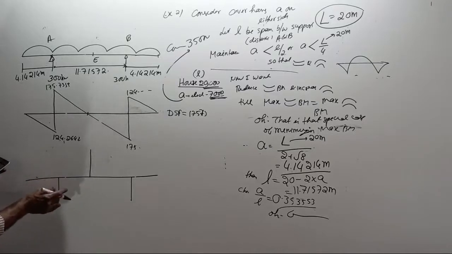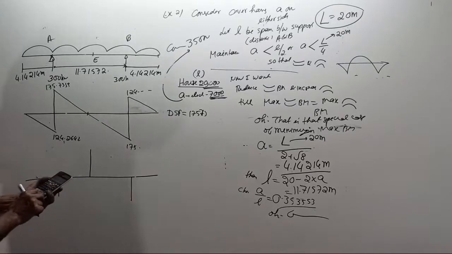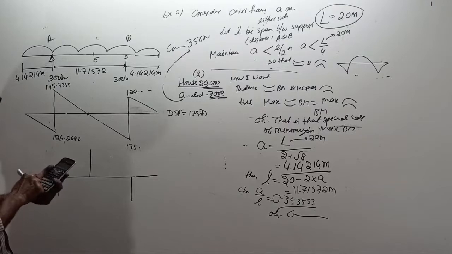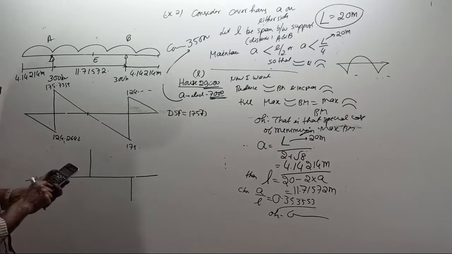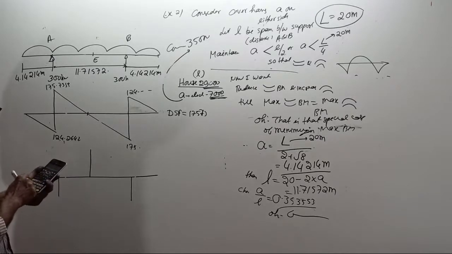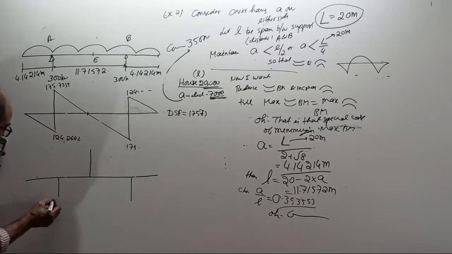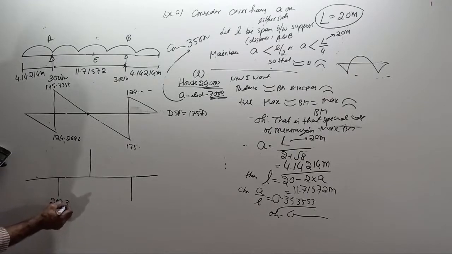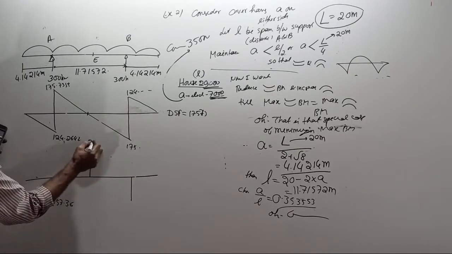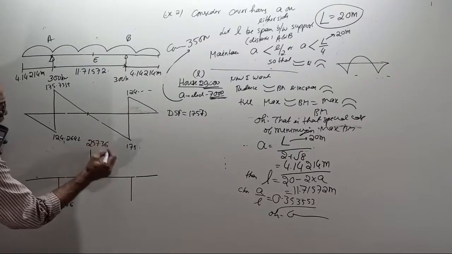Correct, something is wrong, I can make out something is wrong. What is happening, calculator? It will come to 257.36. Here also 257.36.